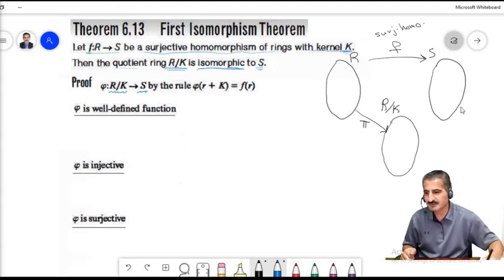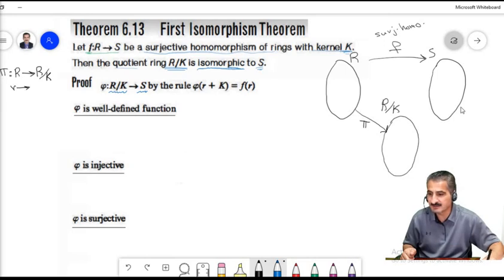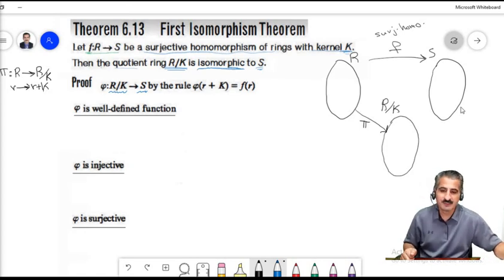Pi was from the ring R to R over I, the very last theorem we saw, but now our ideal is K, the kernel. And it takes an element and it sends it to its coset. Good? Okay.